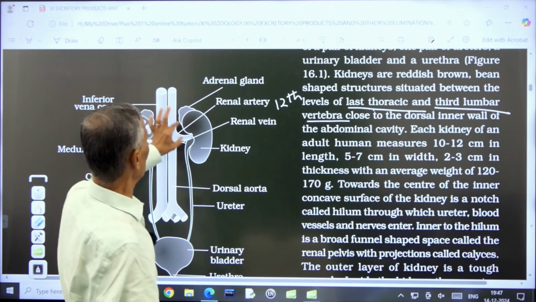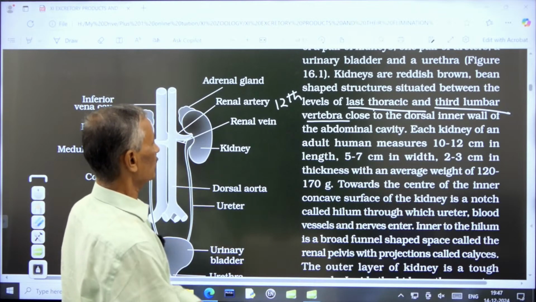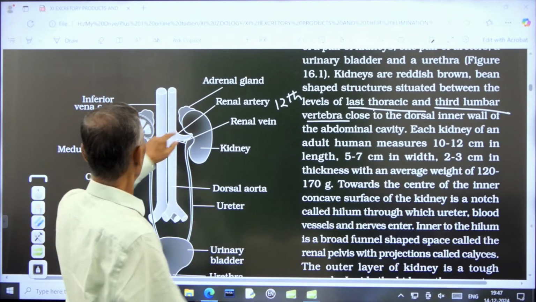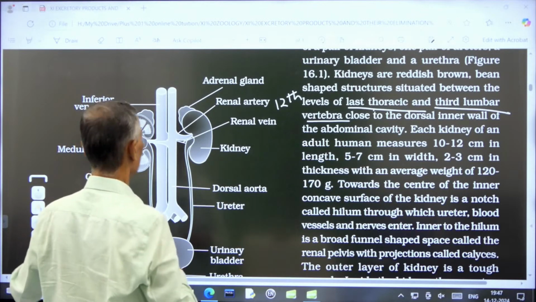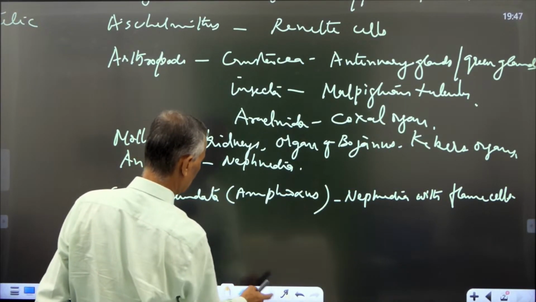Inner side is concave, and towards the center of this inner concave surface, there is a notch. That notch is called hilum.